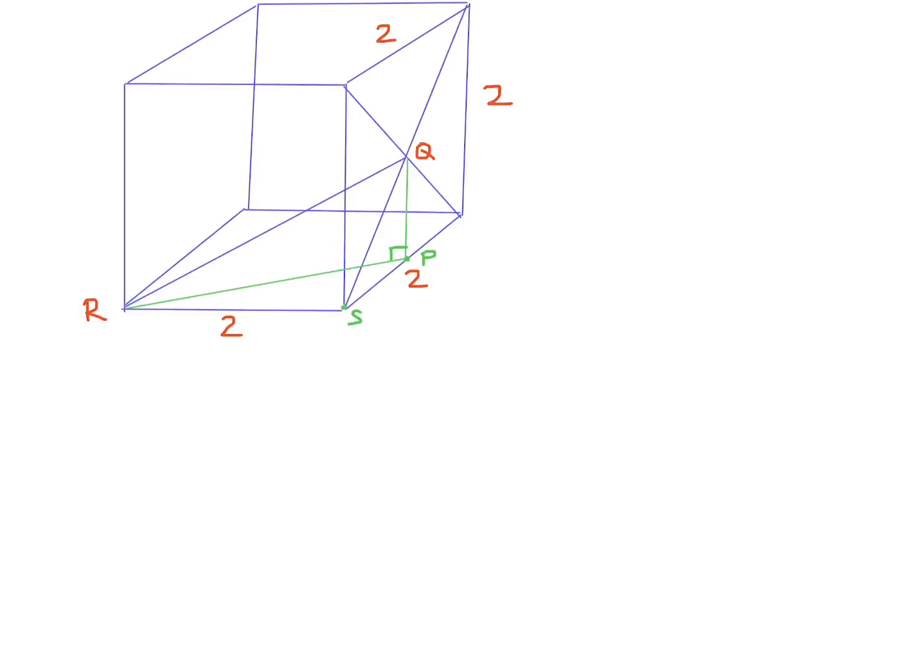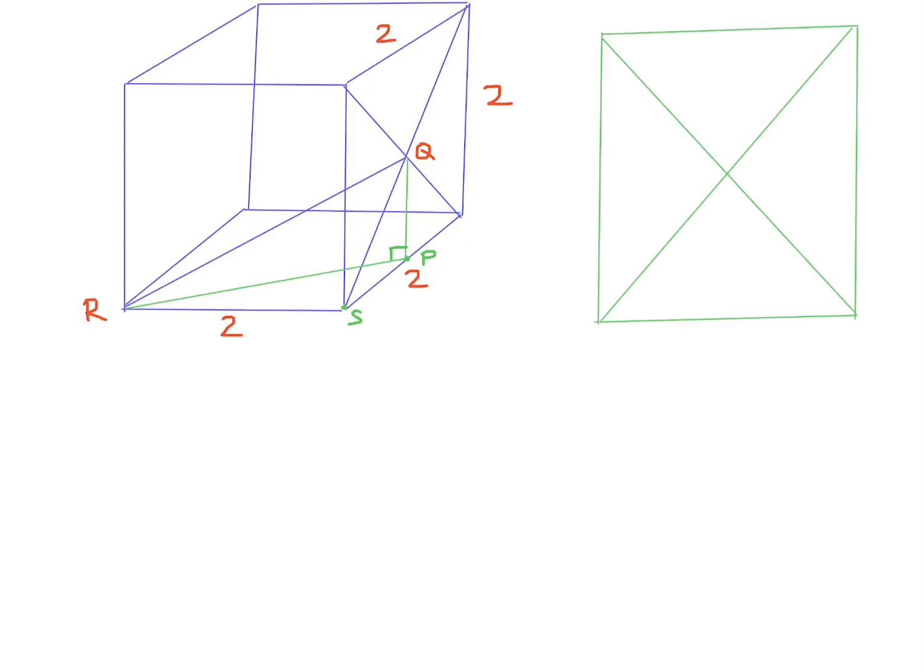So then the next step is I'm going to look at this face right here. But I'm going to draw it out flat so it makes a little bit more sense. So here it is, sort of head on. And this is, of course, the same. This is Q, and this is P. I've got to draw up that perpendicular to represent QP, like that. And we're going to try to figure out QP from this diagram.